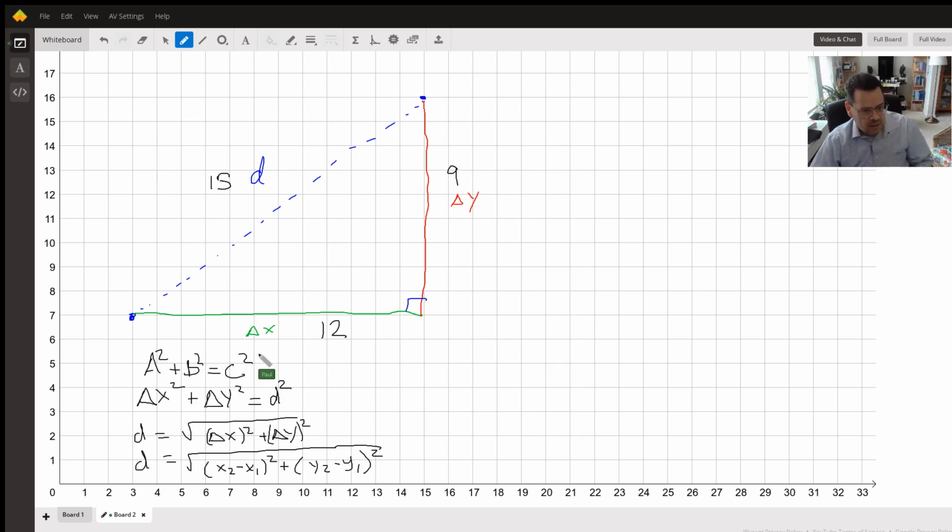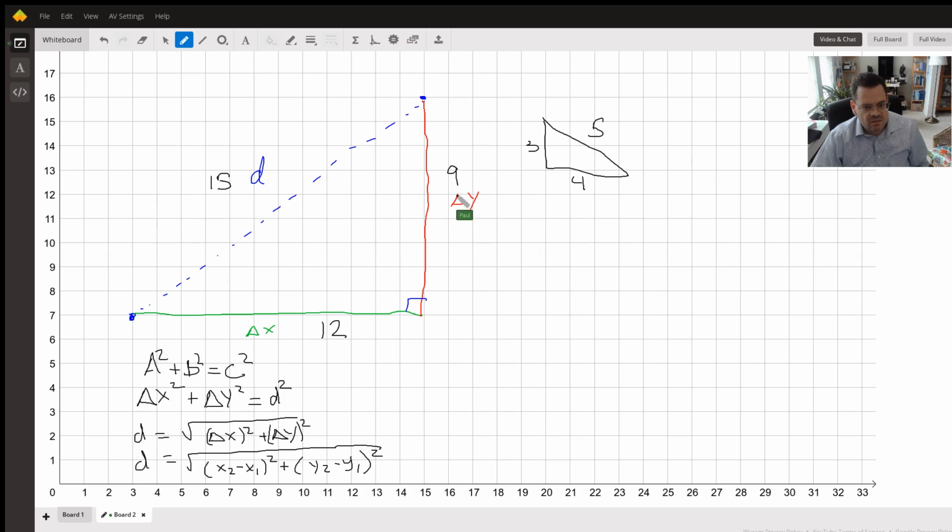One thing you can notice, these are all whole numbers, and it's a right triangle. There are some special right triangles that, if you're looking at this, you would notice, and you wouldn't have to use the distance formula. You would notice that you can have a 3, 4, 5, and that's a right triangle, one of the special right triangles.